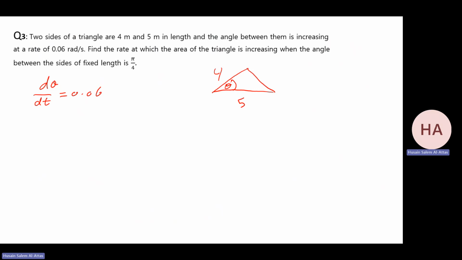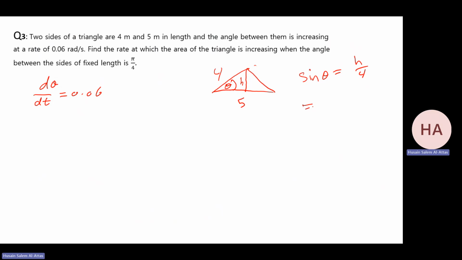Find the rate at which the area of the triangle is increasing. So I need to find the area of the triangle. And this is h. I want to relate the area with the angle. I know that sine theta will be h over 4.